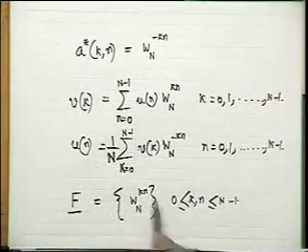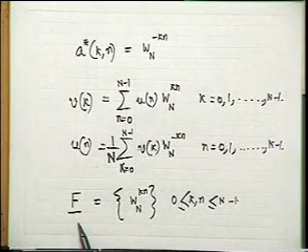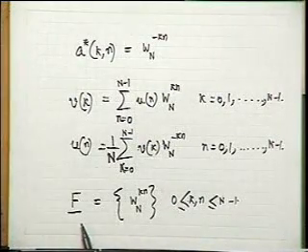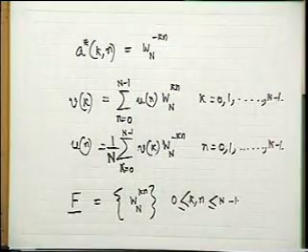This entire set, if I consider, results in the transformation matrix F. But if you are considering a transformation matrix of this nature, it does not result in a unitary matrix.